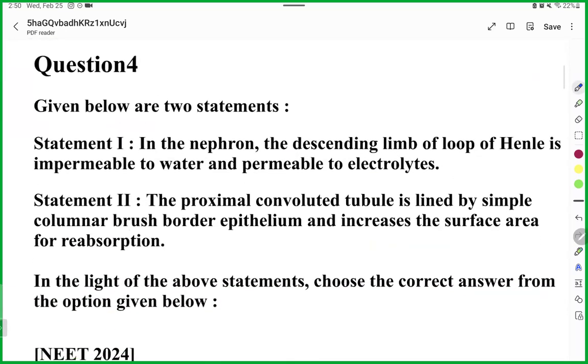Sania. In nephron, first treatment. We already discussed this part.